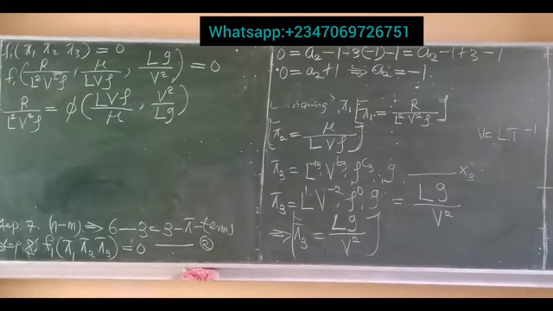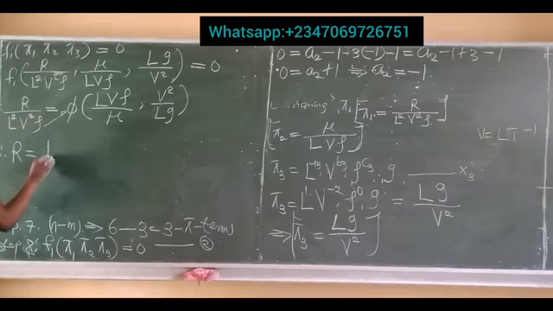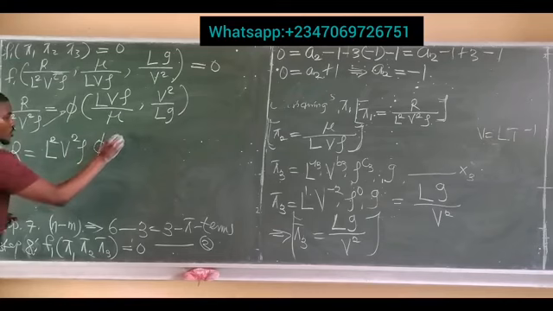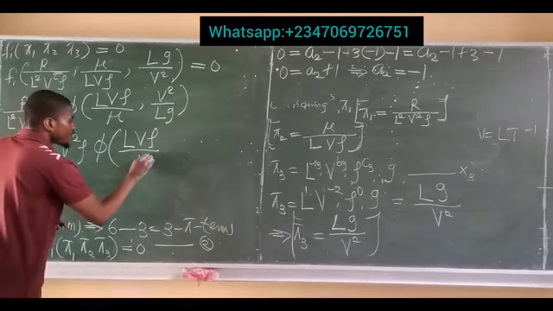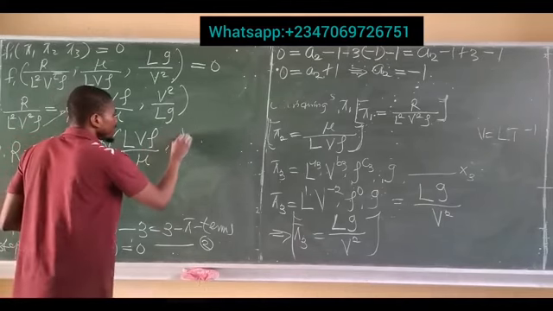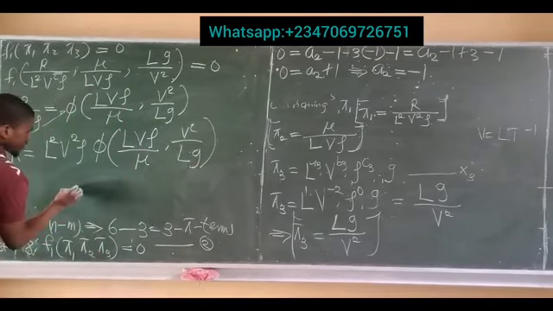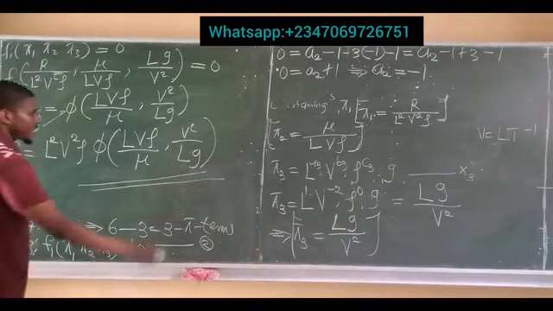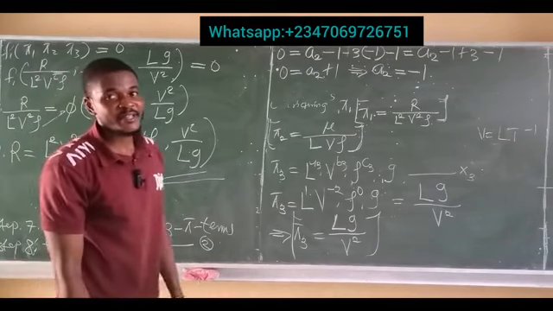Now you have to write an expression for R. Therefore, R is equal to, simply cross multiply the whole of this: L squared V squared times rho function of L V rho all over mu, and V squared all over L times G. This is the expression for the resistance R from Buckingham's pi method.